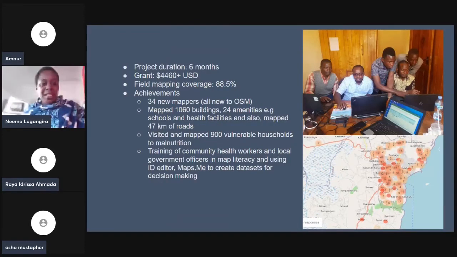Our project is for 6 months, and we were able to get 4,460 USD as a grant. So far, we've reached about 88.5% field mapping coverage. Our main achievements, as seen on the slide, is that we had to bring on board new mappers because here in Bukoba, there had been no data mapping activities.